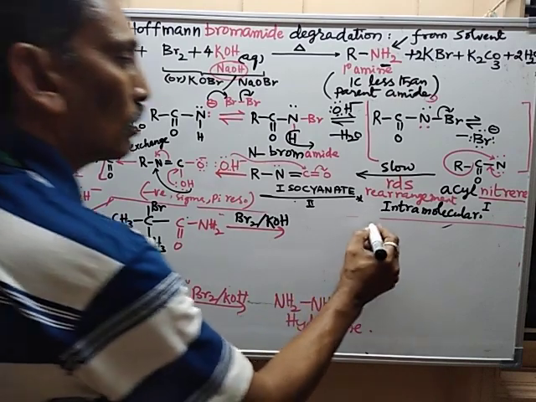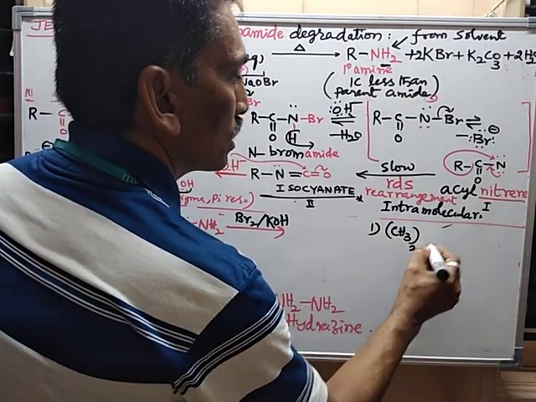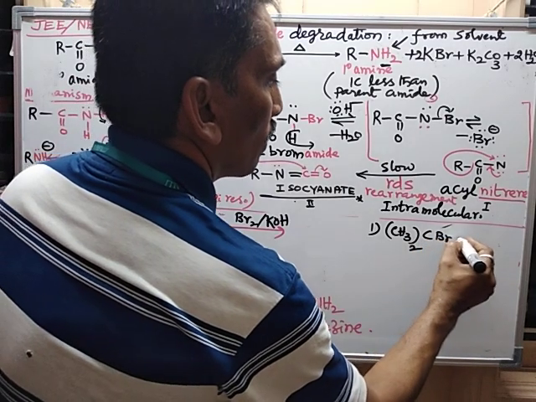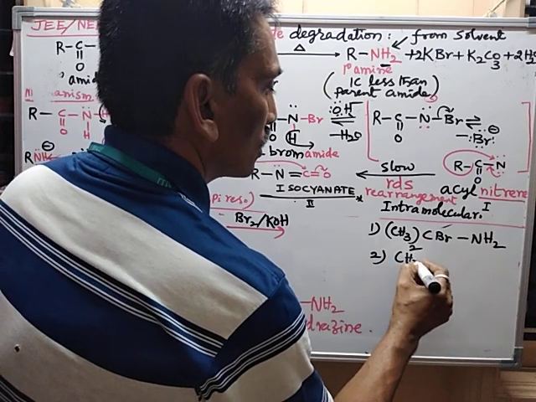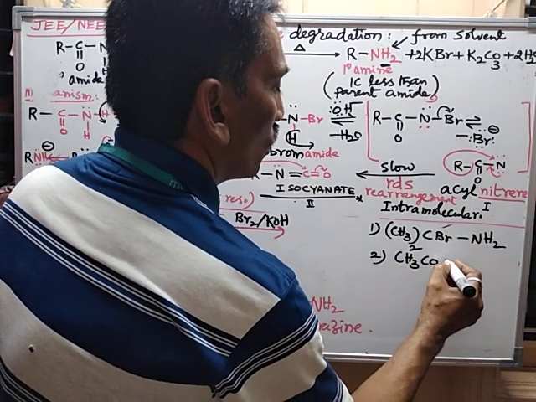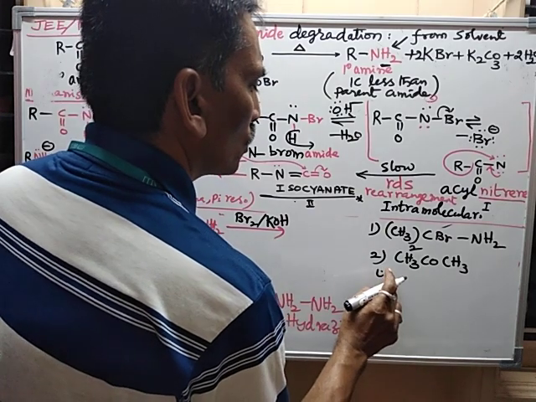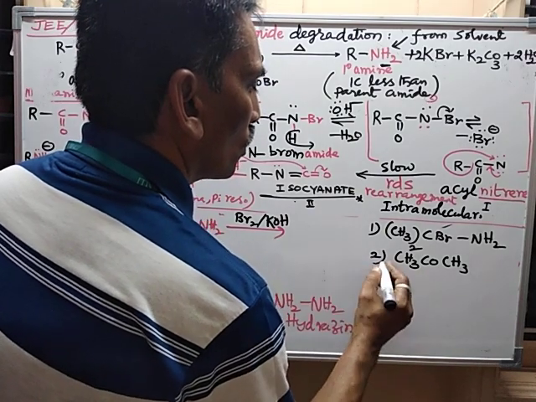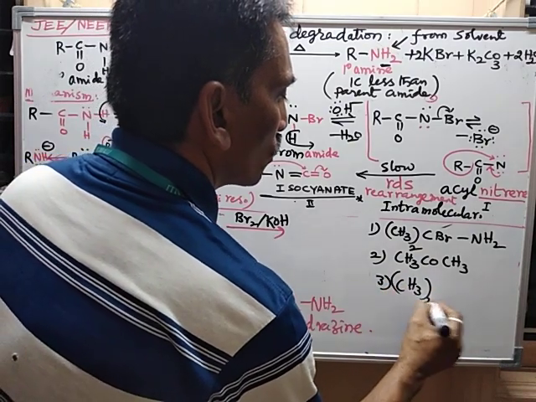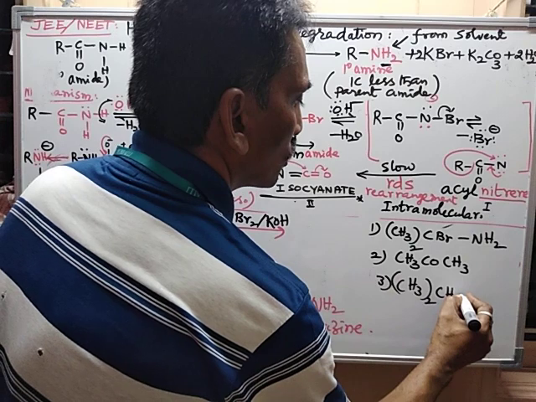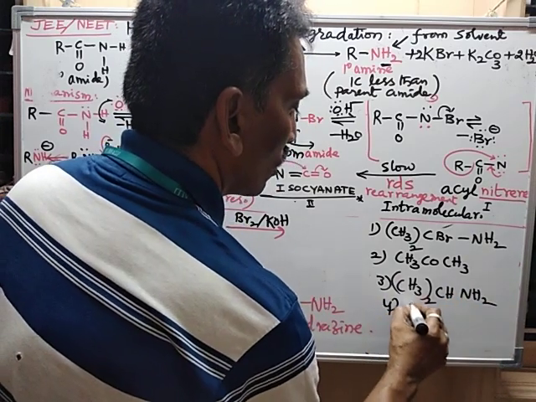The products are: first, (CH3)2CBr-NH2; second, CH3COCH3; third, (CH3)2CH-NH2; fourth option, none.